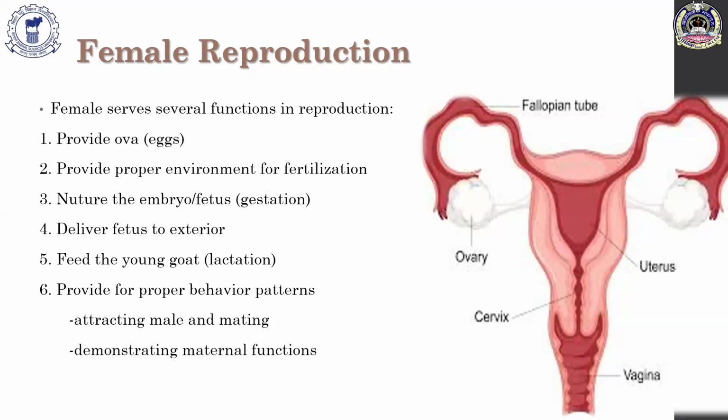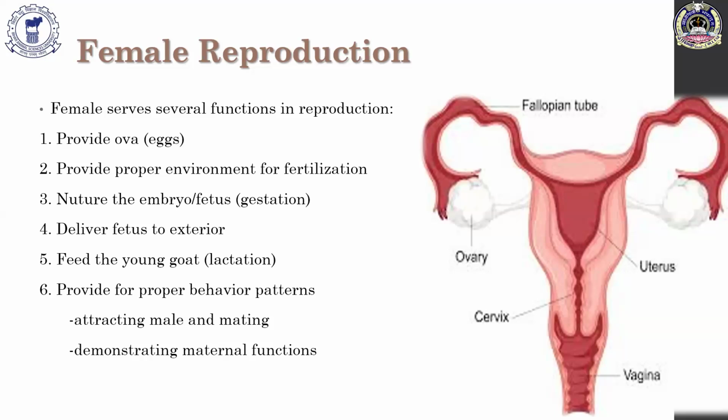The female provides ova, in terms of eggs, which are the core for fertilization. The female reproductive tract provides a proper environment for fertilization. It nurtures the embryo as well as the fetus throughout the gestational length.